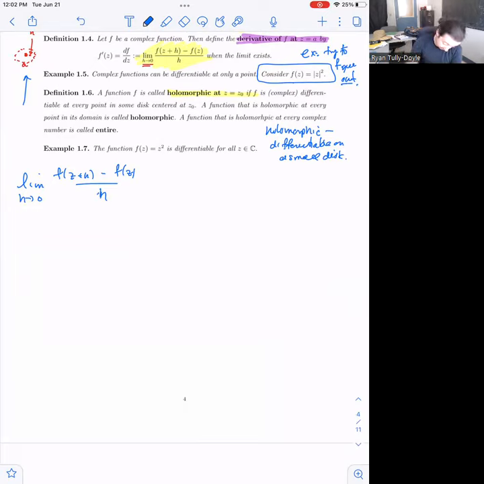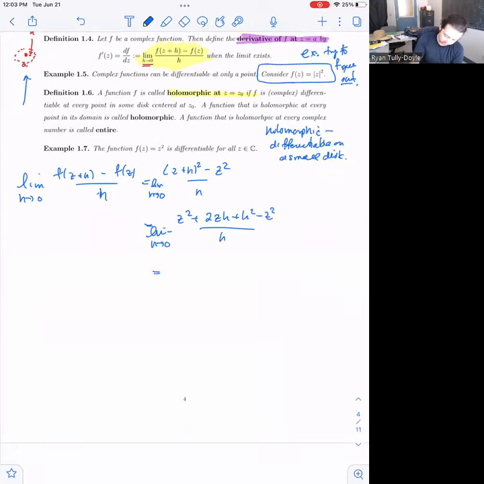Right, so let's compute it. Well, this is equal to the limit as h goes to 0 of z plus h squared minus z squared over h, which is equal to z squared plus 2zh plus h squared minus z squared over h. And of course, that's still in the limit.